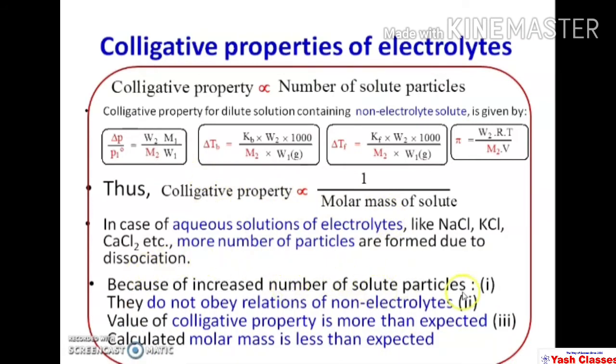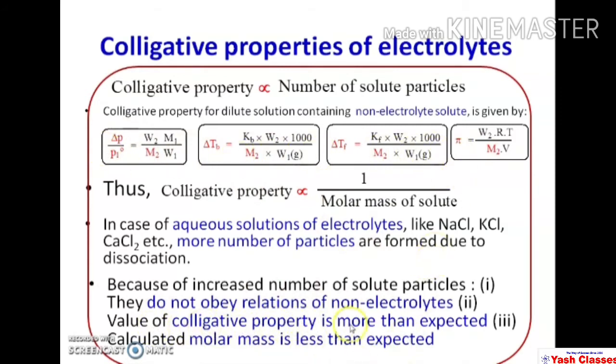And here 3 points we need to consider for the electrolyte. Point number 1 is the electrolytes, or electrolytic solutions, do not obey relations of non-electrolytes. So these relations are not obeyed by the solutions of electrolytes.